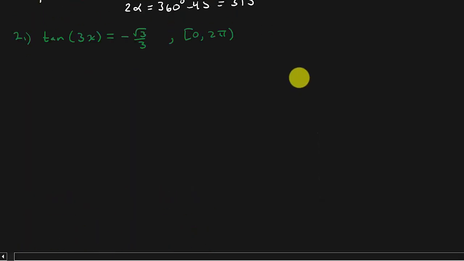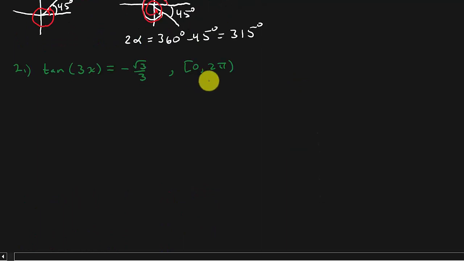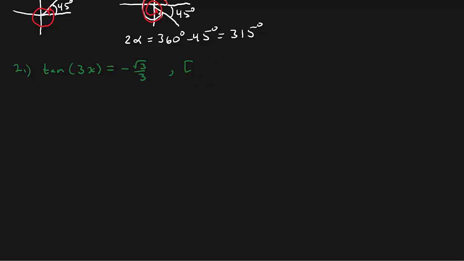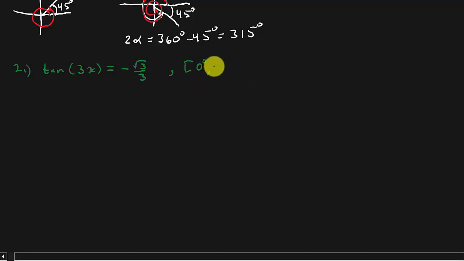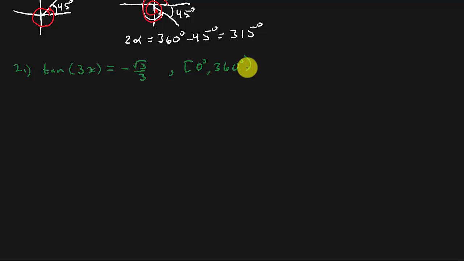And this problem here, I've actually got it in radians, but let's go ahead and do this problem in degrees. We'll do one more problem in degrees, and then we'll switch to radians, okay? All right, so I want to find all the solutions between 0 and 360 for x.